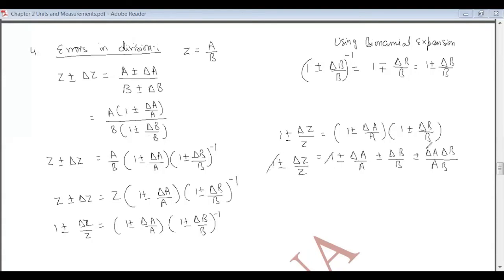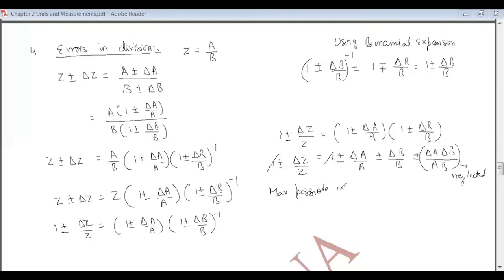Again, this term is a very small quantity, so it can be neglected as compared to the other two terms. So what remains? Plus minus delta z upon z equals plus minus delta a upon a plus minus delta b upon b. Now the maximum possible error. Which error is this?